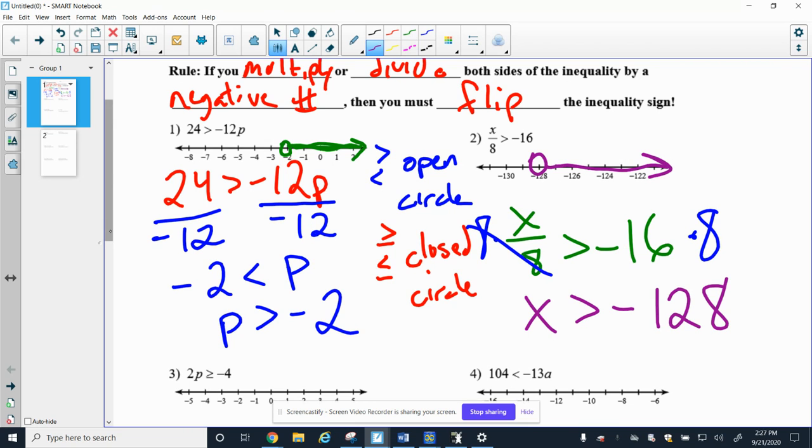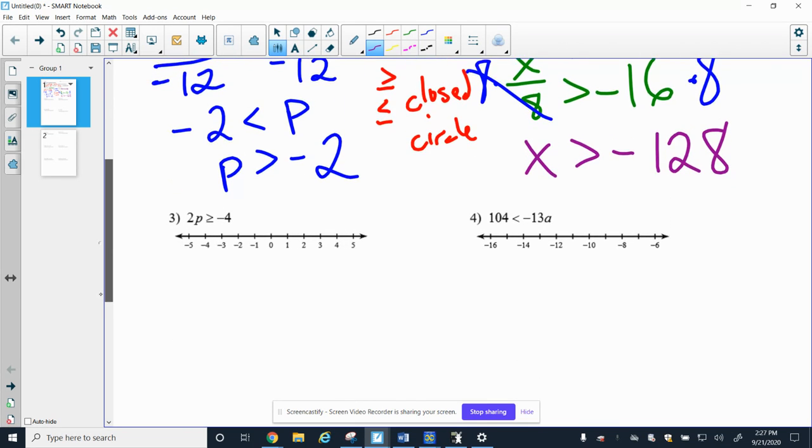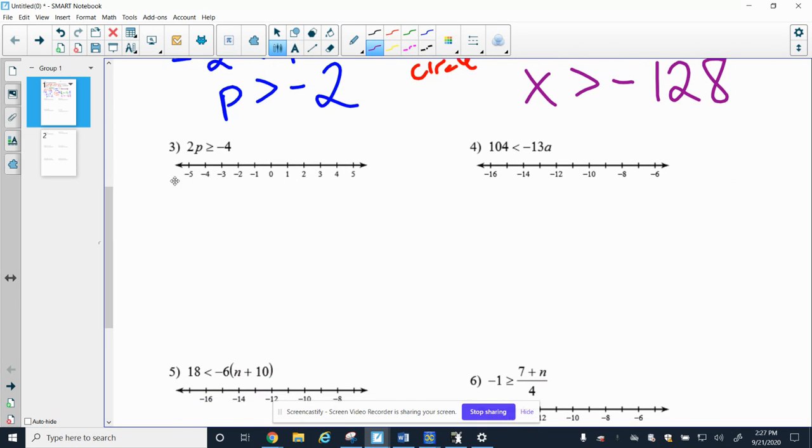Let's try some more. If we looked at 3, I'm going to rewrite it down here. 2p is greater than or equal to -4. Okay, so to solve that, we would get rid of the 2 in front. We would divide both sides by 2. Here, we divided by a positive number, so we would not flip the sign.